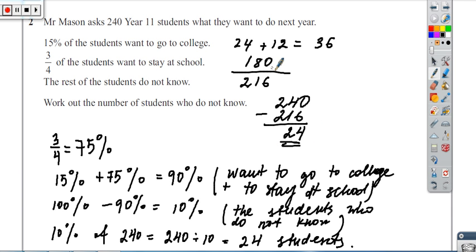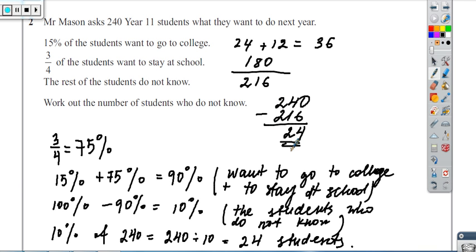36 was right, 180 was right, even 216 was right, but the last calculation would be wrong. Then if you added all the numbers together, you would not get to 240, right? Because some of you managed to get 34 when you subtracted 216 from 240.